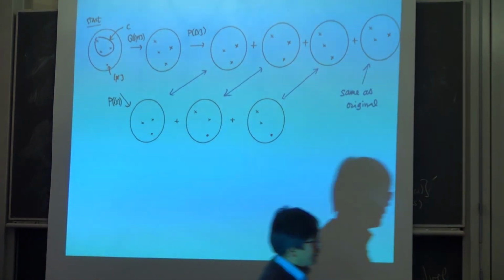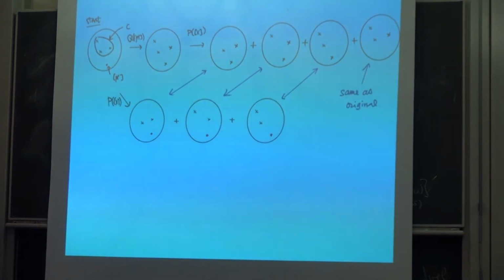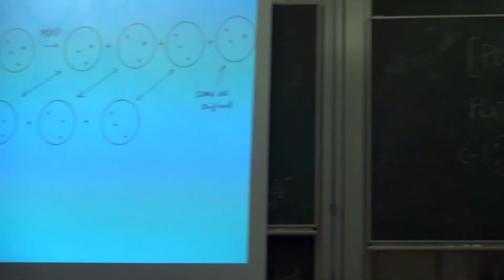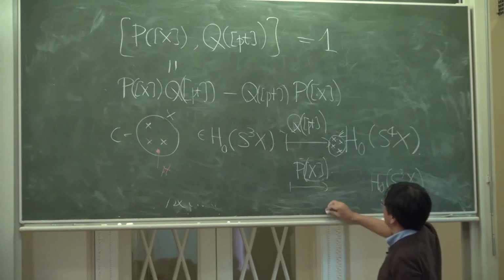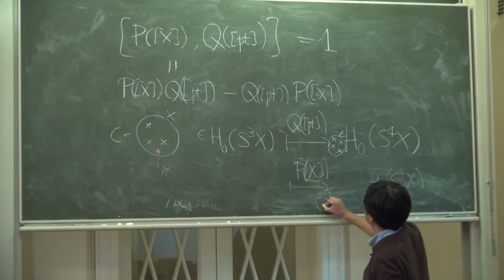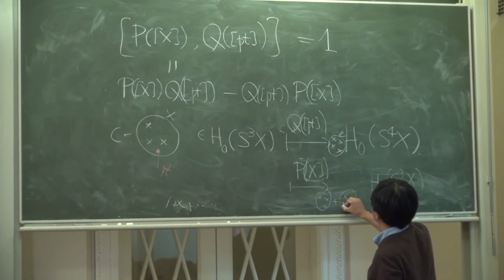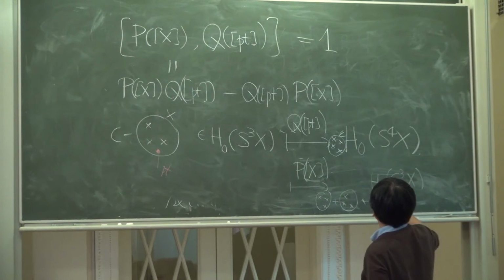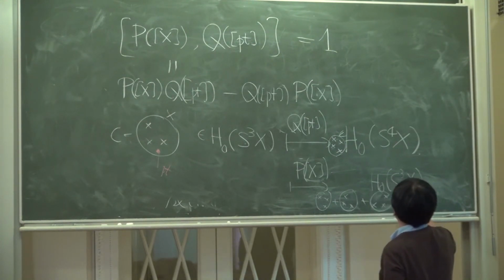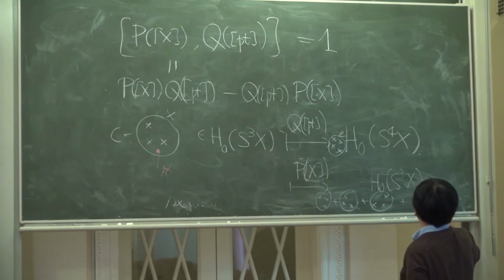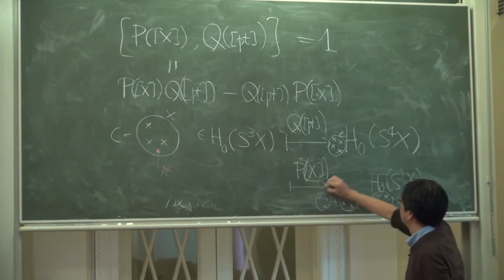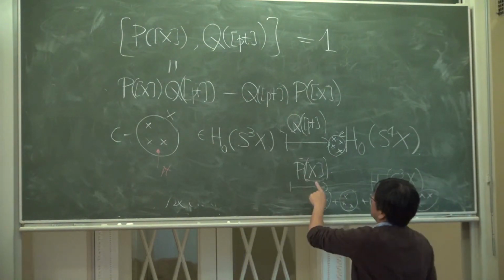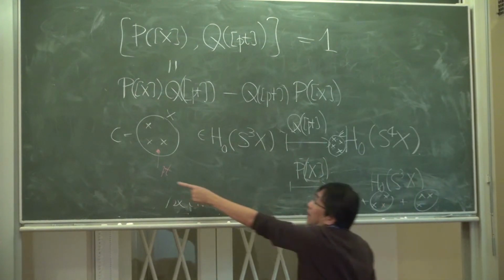So in this collection of 4 points, I can remove any of those points. So I get four classes. Right? So there are the 4 choices. So this is a composition of P and Q applied on this class.